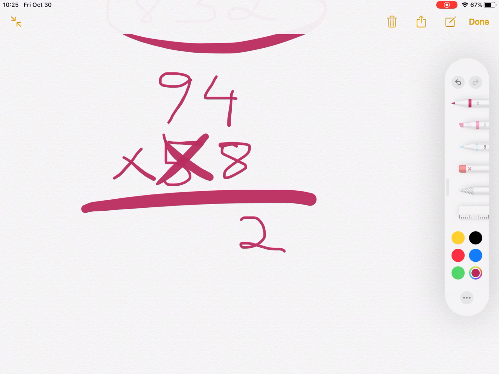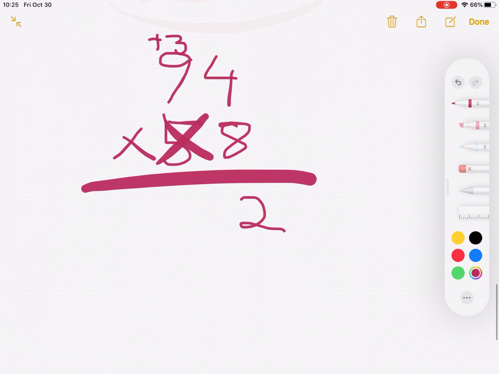Since 4 times 8 equals 32 and it has 2 digits, we're going to do plus 3, because the ones place is right here and the tens place goes above that 9. And then we do 9 times 8, which equals 72. 72 plus 3 equals 75. So we write that down. 75.